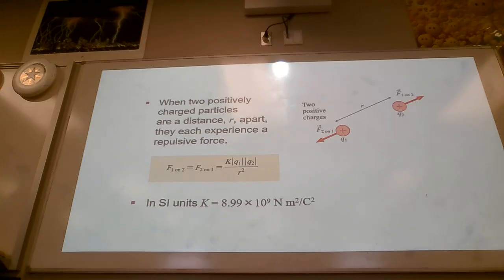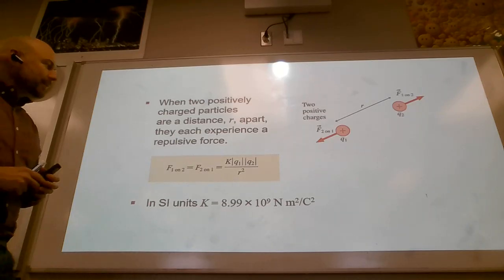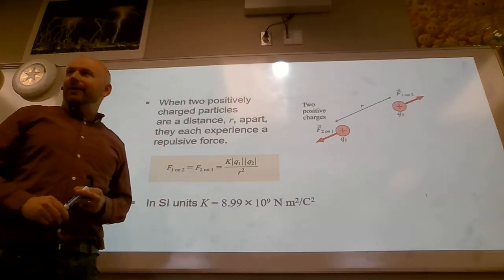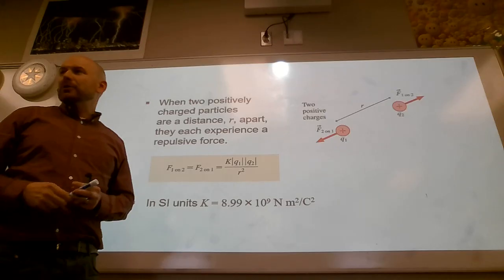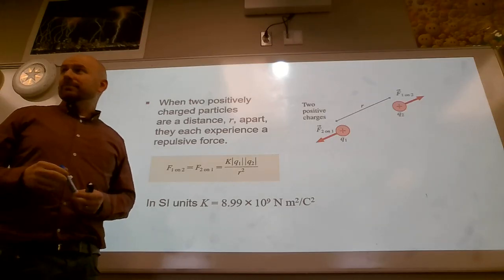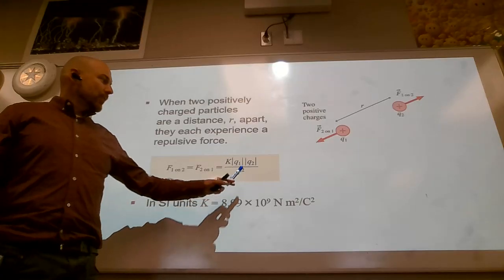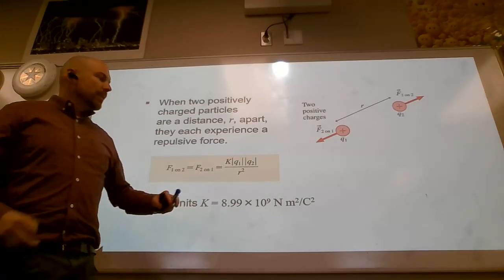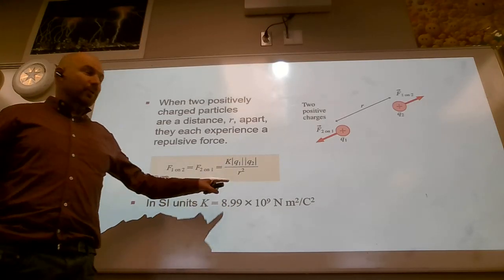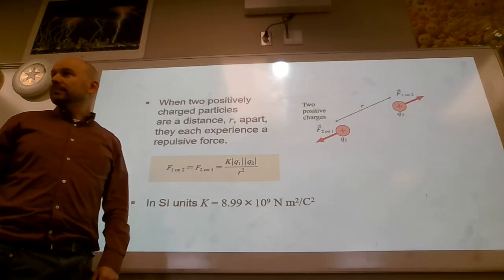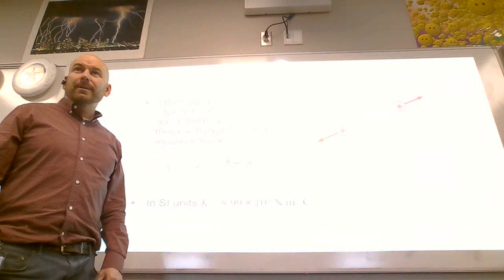So Coulomb's law. This works like gravity, except it could attract or repel. You have a constant times charge on 1, charge on 2, divided by the distance of separation between their centers squared. Good with that?